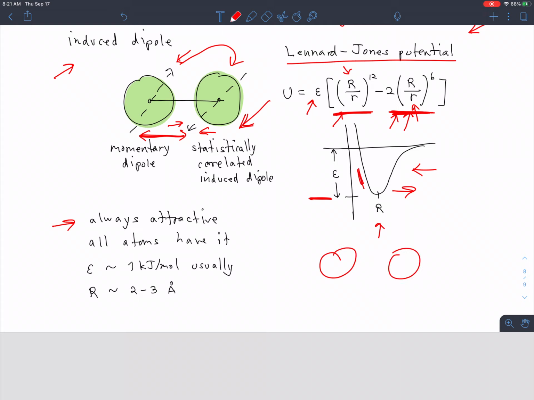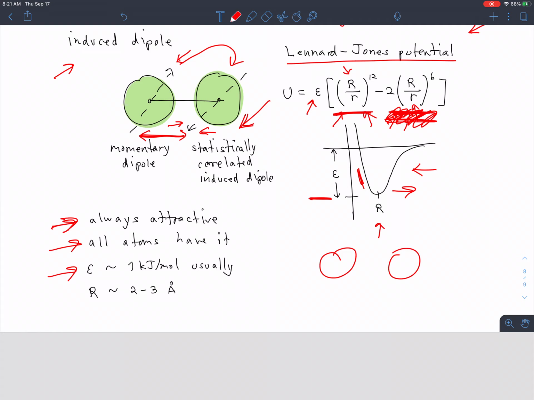The induced dipole part, in fact, is always attractive. It's this atom-atom bumping into each other part that's repulsive. So it is actually true that the induced dipole part itself, which is just this second term here, is always attractive. All atoms have it. It's universal. It's fairly weak, but there are a lot of these interactions, so collectively they have a big effect.